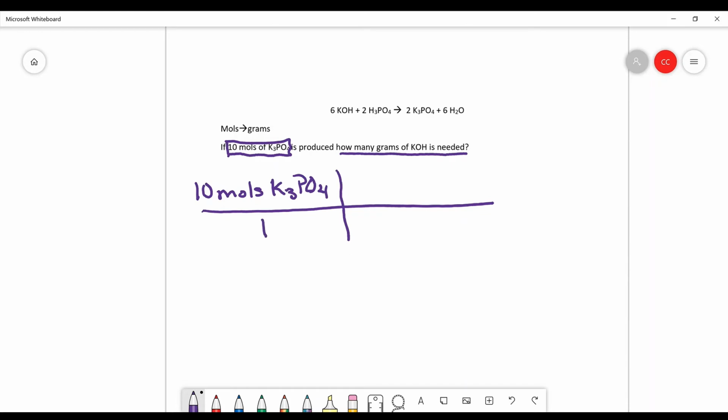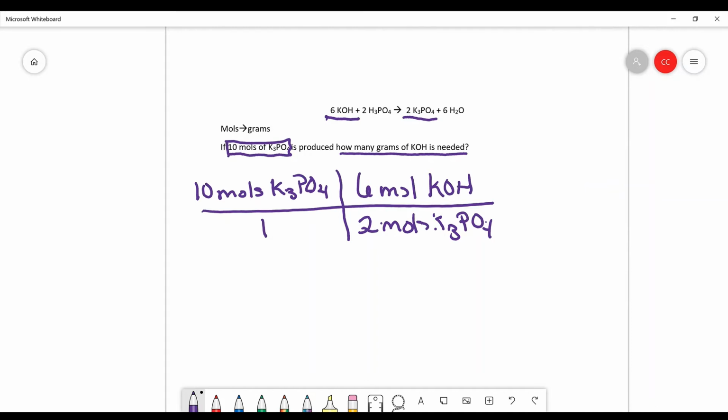Again, we cannot convert directly from moles of one substance to moles of another. We have to go through the mole ratio. Moles of K3PO4 goes on the bottom, 2 moles of K3PO4, and then we are looking for moles of KOH, so that goes right there, 6 moles of KOH.